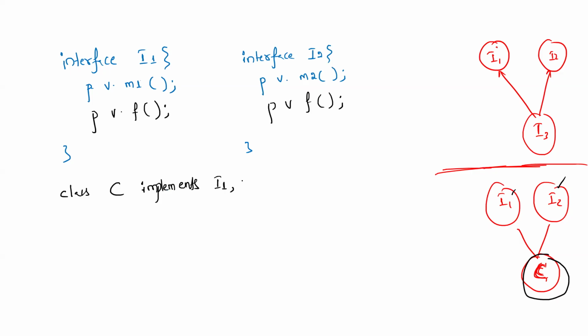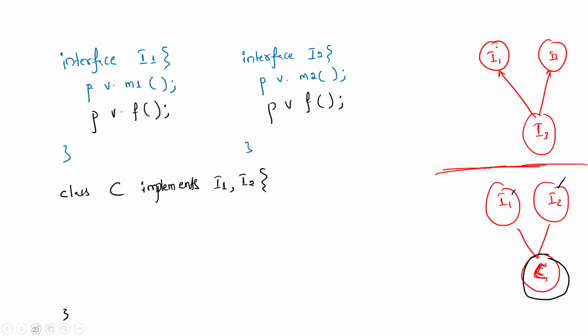I1, comma, I2 is the syntax. This is possible. At a class level, it's not possible, but at interface level, it's possible. Now, class is implementing the interface methods, correct? Now, this class C has how many methods? Through inheritance, class C will get how many methods? 4 methods, because all parent properties belong to the child also through inheritance. Now, C class has 4 methods.